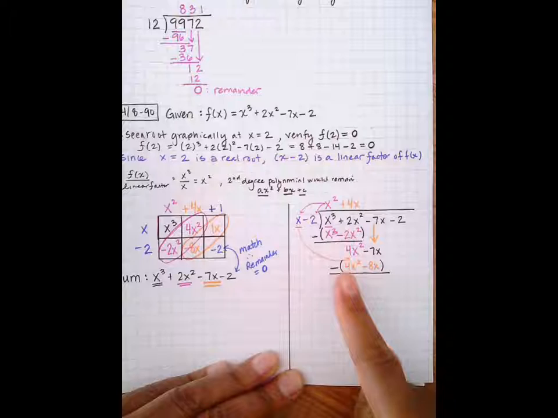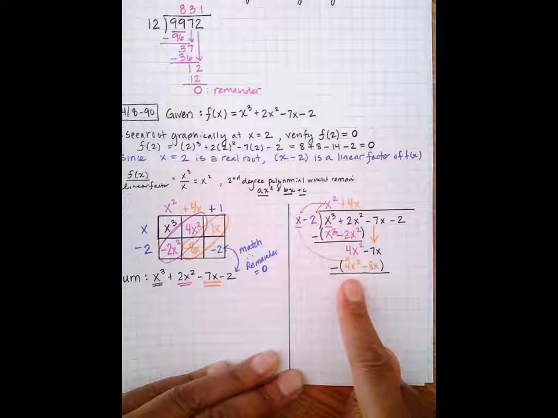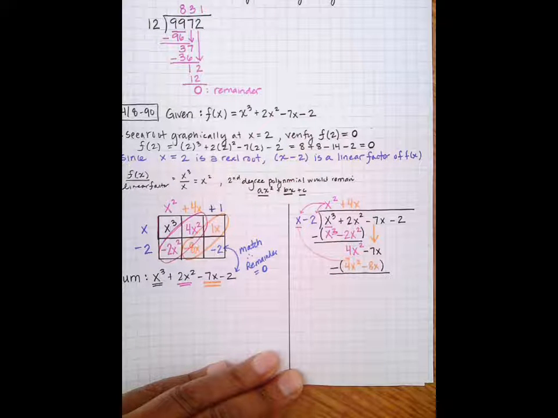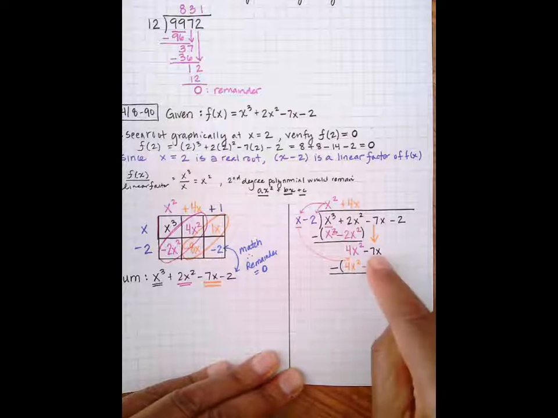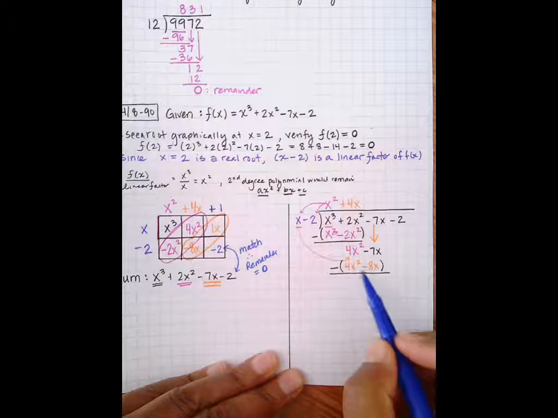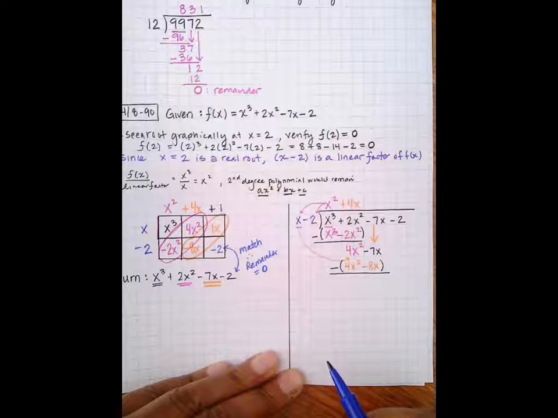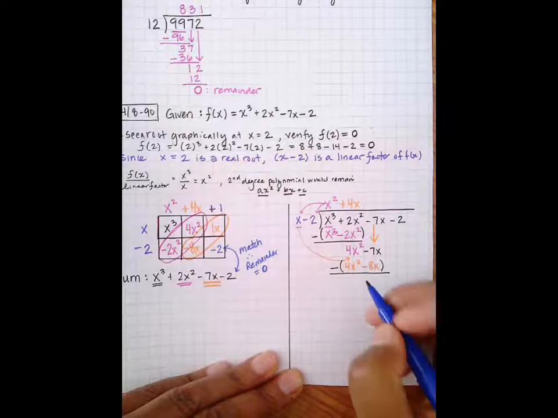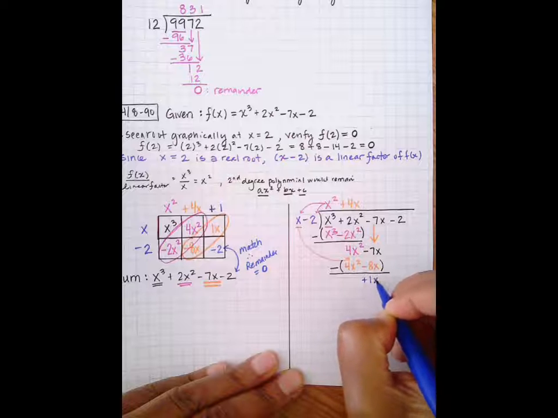So now again, the 4x squared minus the 4x squared, that's the 0x squared that I expected. But then, now we've got the -7x, right? And then minus a -8x. -7x minus a -8x would just be plus a 1x.